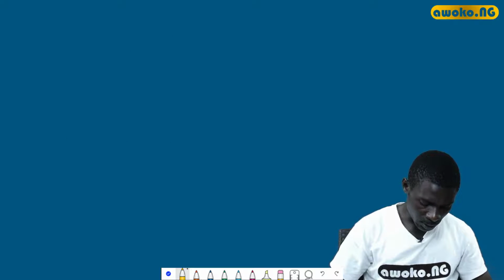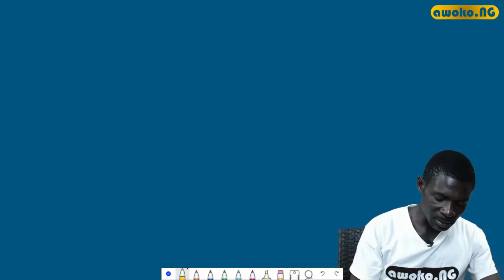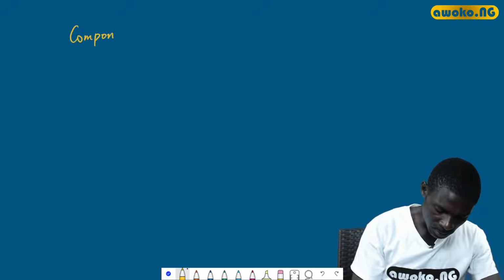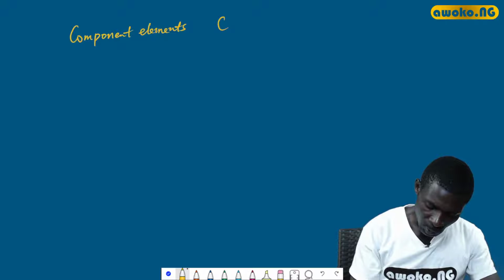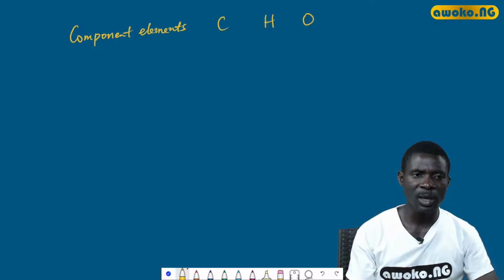We can do this by simply dividing the percentages of the different elements by their atomic masses. So let's take a look at the component elements that are present in the compound. As our first step, we have the component elements: carbon, hydrogen and oxygen.